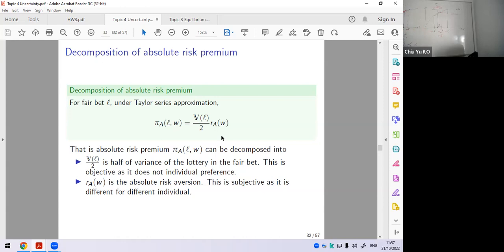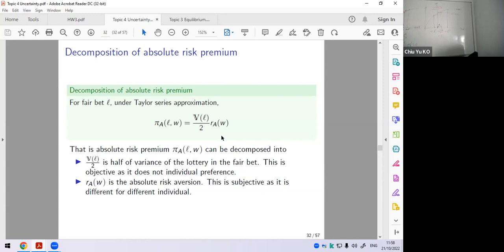No, need not be, because it depends. It can be like this, because concave, right? And because this is independent of lottery, right? Because this has no lottery, this guy has lottery.